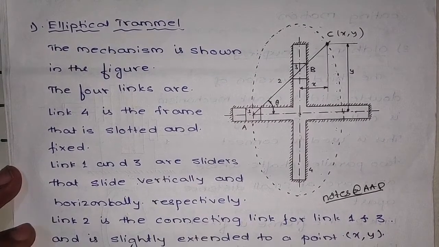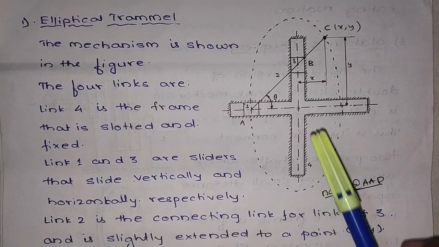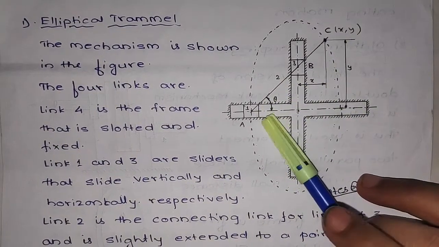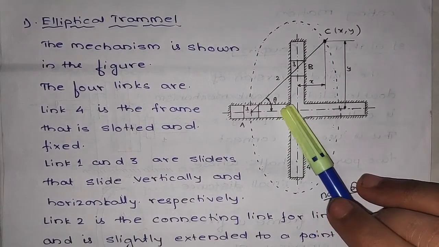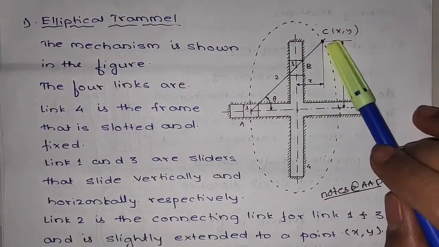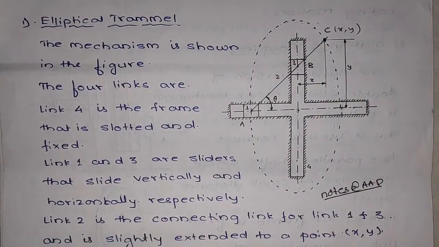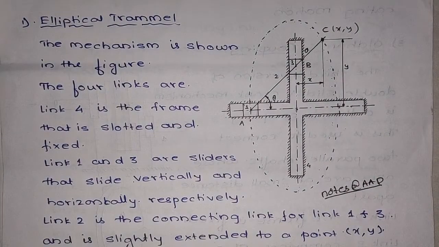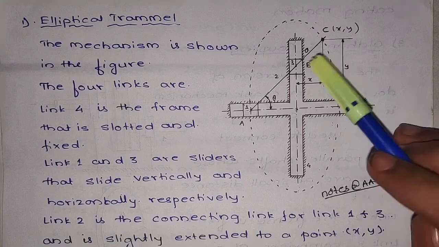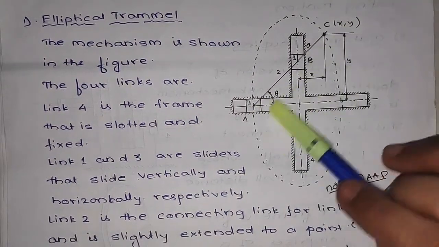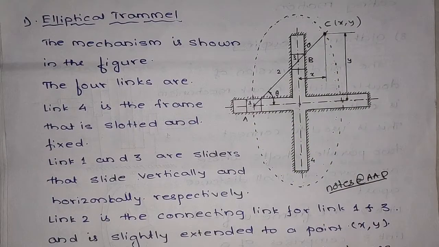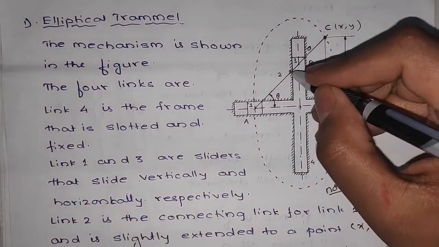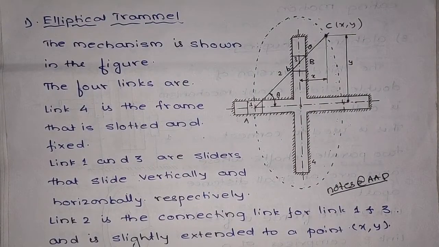Let us see this with the equation. Here we'll consider this position. Let this link make angle theta with the x-axis. The semi-minor axis BC, that is from B to C, is A. So let us consider this length from B to C as A. Then let the semi-major axis of the ellipse, that is the complete length A to C, be B. So from point A to point C, let this length be B. The coordinates of this point C are X and Y. Now we'll write the equations.